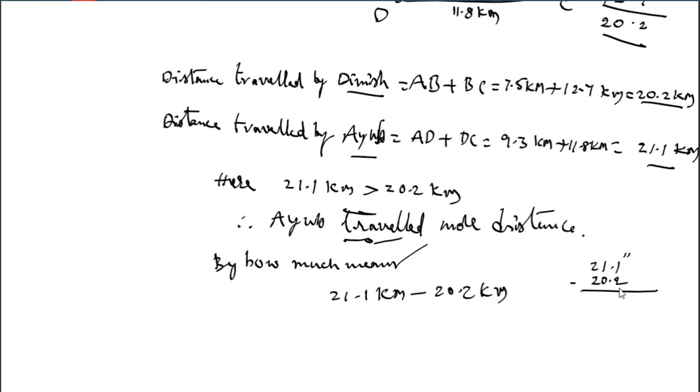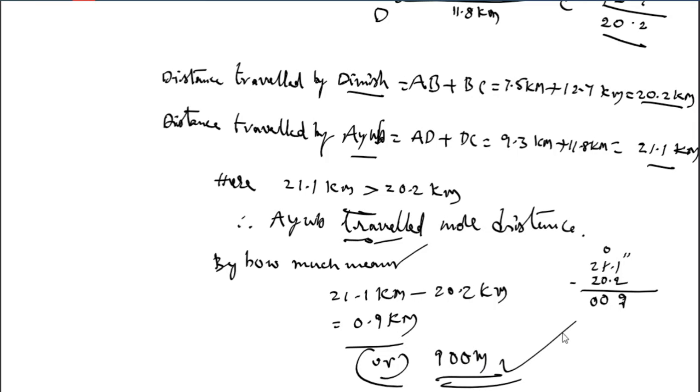Now 11 minus 2 is 9. 0 minus 0, 0. And 2 minus 0, 2. Therefore 0.9 kilometers. Ayub traveled 0.9 kilometers more. If you convert this kilometers into meters, we get 900 meters. Did you understand? Yes.